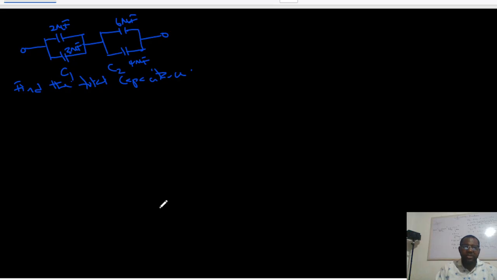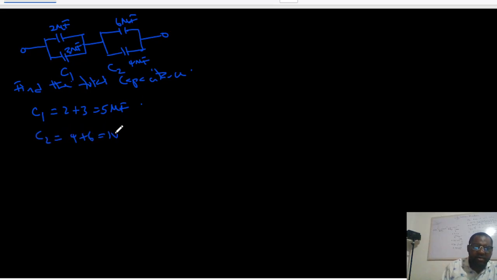C1 is in series with C2. This parallel combination is in series with this parallel combination. To find C1, these two are in parallel, so it means 2 plus 3, which is equal to 5 microfarad. Now for C2, C2 is going to be 4 plus 6, which is 10 microfarad.